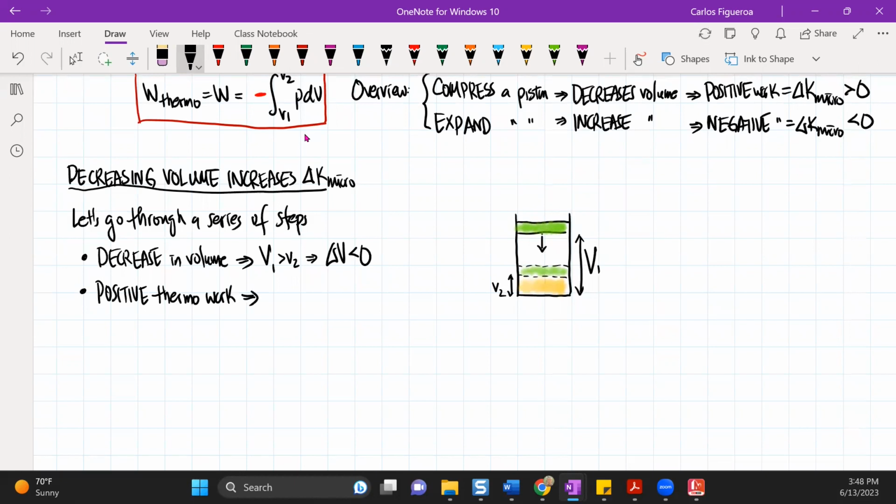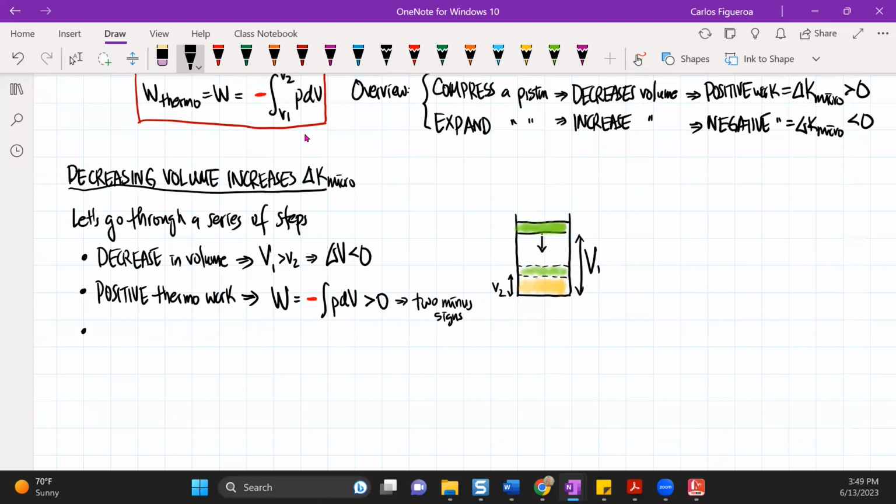Why is thermal work positive? Well, it turns out that I have two minus signs. There's the first minus sign from how we went from mechanical work to thermal work. But then in the integral of PdV, since delta V is less than 0, I get a minus and a minus. As a consequence, I get a positive quantity. I have two minus signs. That's why that's a positive quantity.